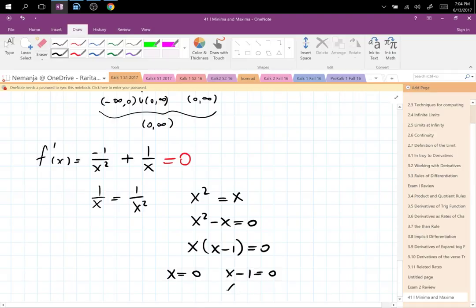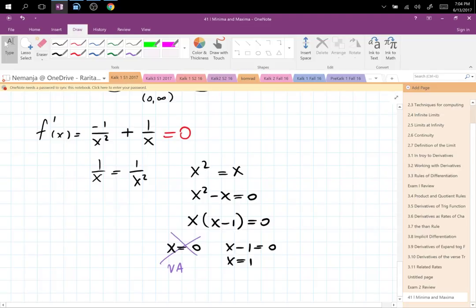Oh, you don't remember your algebra? Too bad. And we have two critical points. But one of the critical points landed on the vertical asymptote. We know there is a vertical asymptote at 0. So we have to throw that one away, because that's where the vertical asymptote is. And we are only keeping x equals 1.